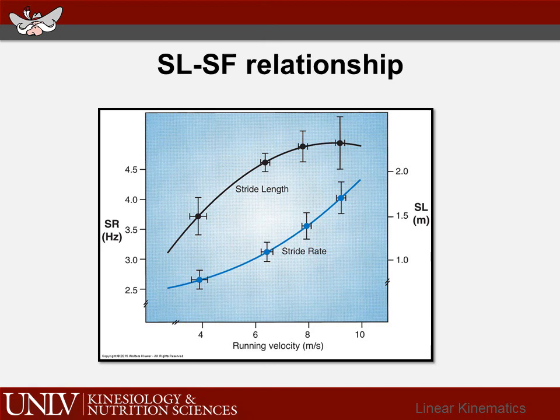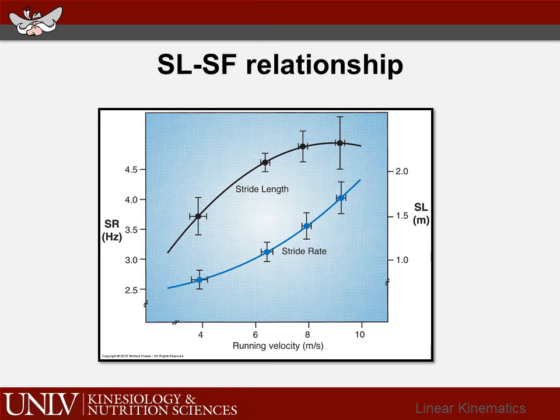I will tell you though that some recent research in our lab has shown that there is a difference between overground and treadmill running. On the treadmill, people tend to alter their stride rate earlier, and you don't see that plateau in stride length as much as outdoors. So there's some area for debate, and it's all about how people tend to analyze or record their data.